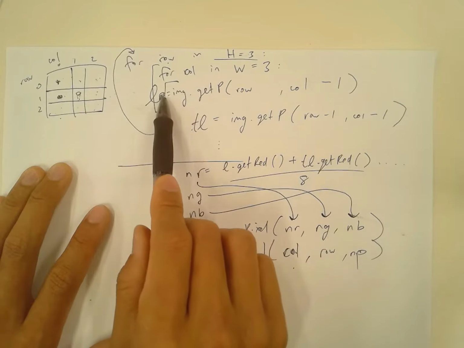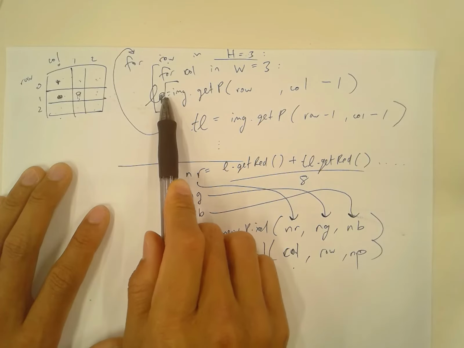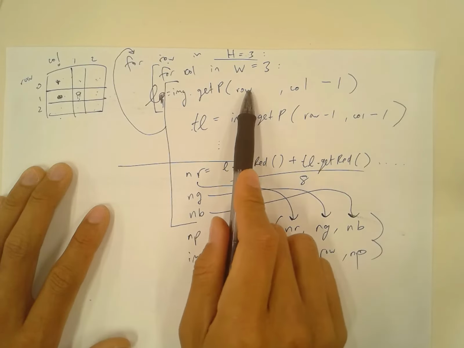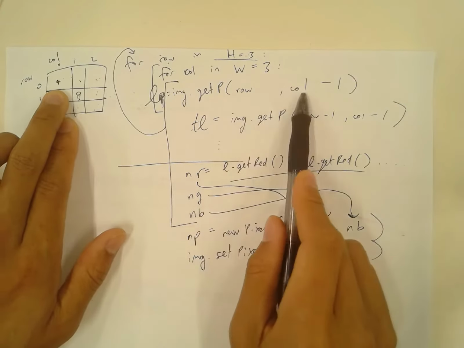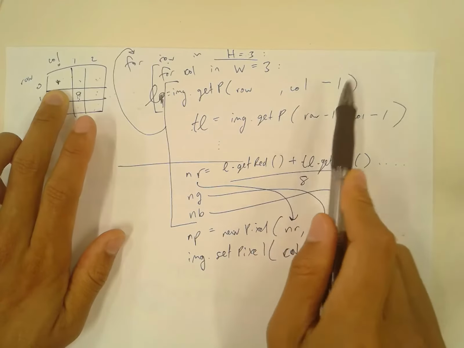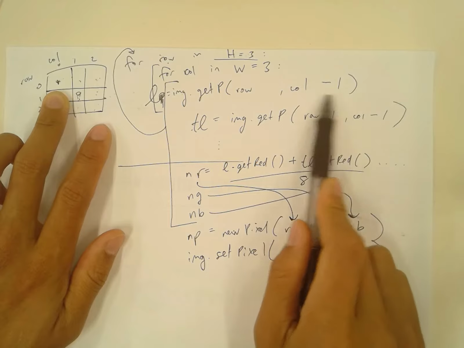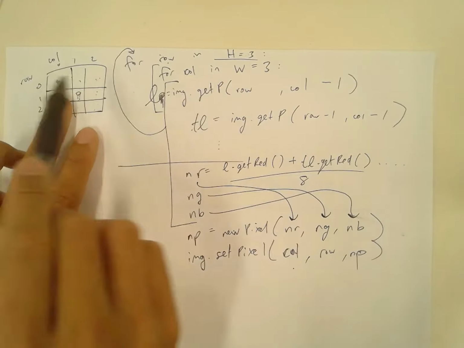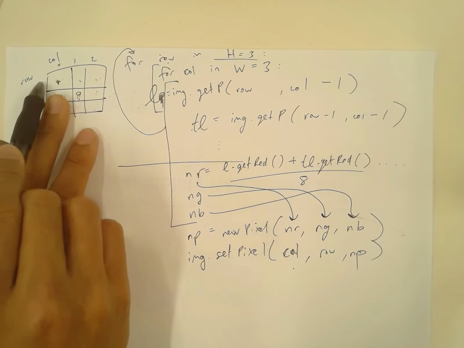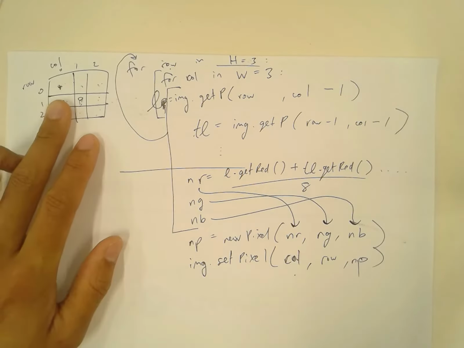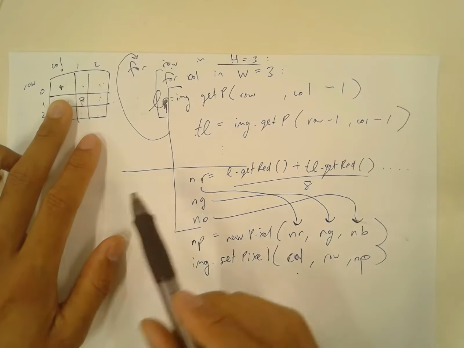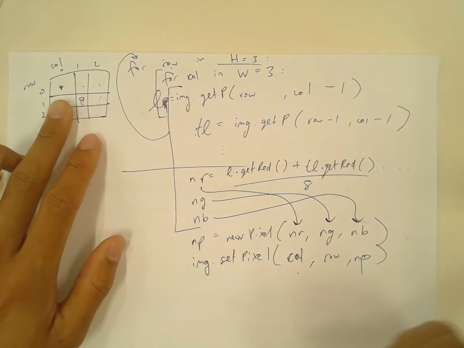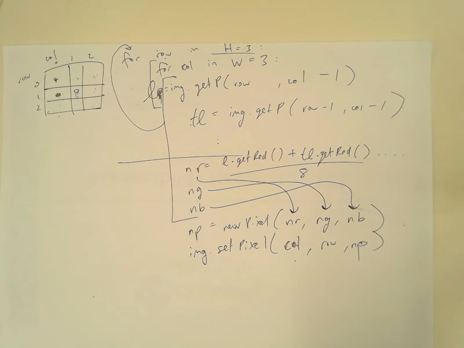And the first get P is the left pixel, and that's going to get row 0 right here, and it's going to get column 0 -1, and 0 -1 is -1, right? So what this is trying to get is this pixel right here to the left of the one that we are considering, and as you can tell, there is no pixel there. And so since there is no pixel there, this will error out. So that is an issue.